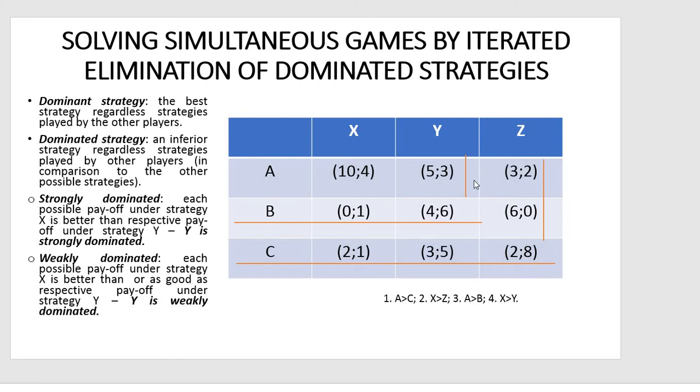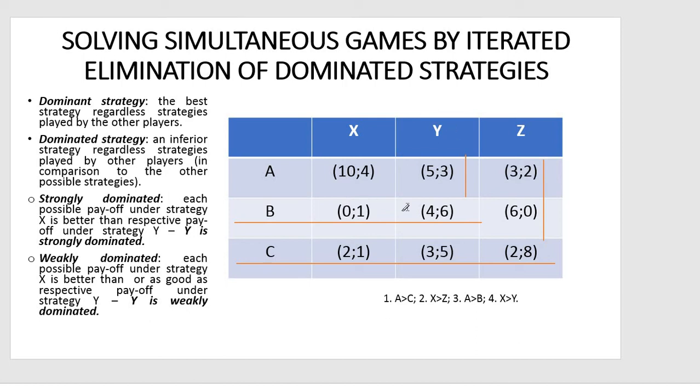Here you just have to figure out whether there is any strategy which is inferior or superior in comparison to another strategy, regardless of the moves undertaken by the second player. For instance, we can compare strategies A and B for the first player. If the second player chooses X, 10 is better than 0.